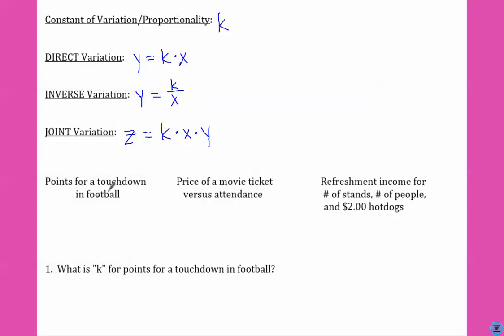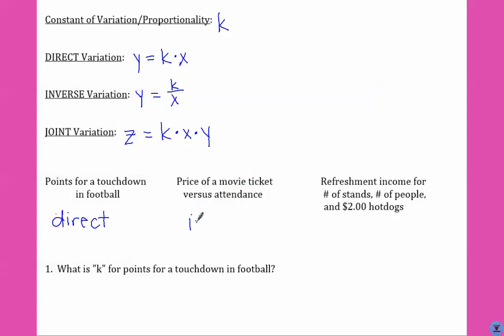So which of each of these situations would represent direct, inverse, and joint variation? If we have points for a touchdown in a football game, the more touchdowns you score, the more points you score. So this would be direct. The price of a movie ticket versus attendance. This doesn't really happen anymore, but the more people you have attending an event, the less the ticket price costs.